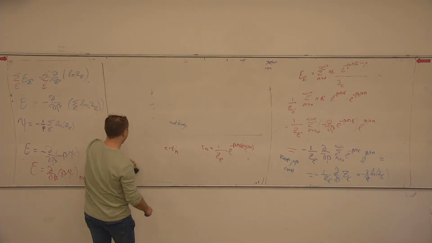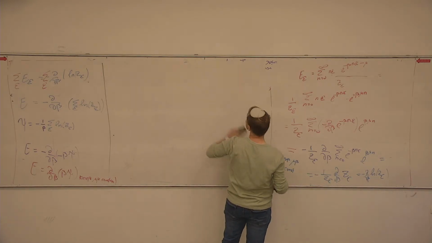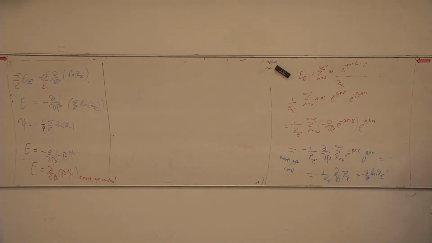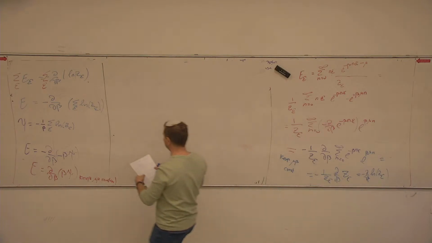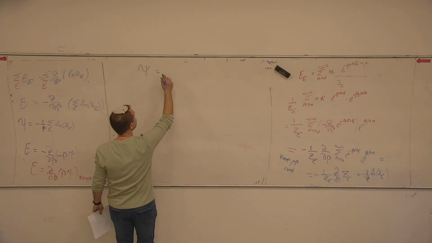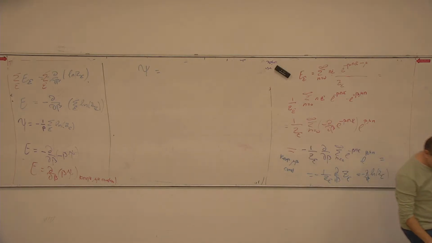Let's see. So we have two limits. So psi is what it was? I forgot what our psi was.